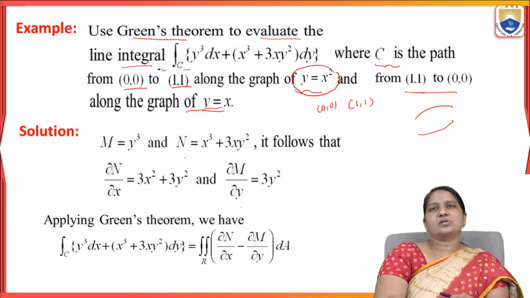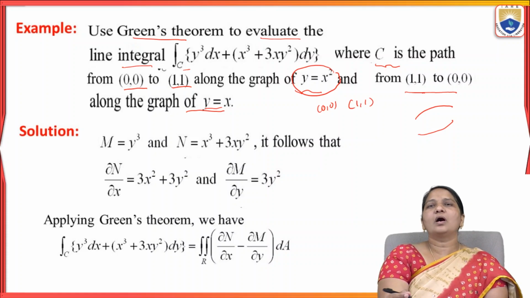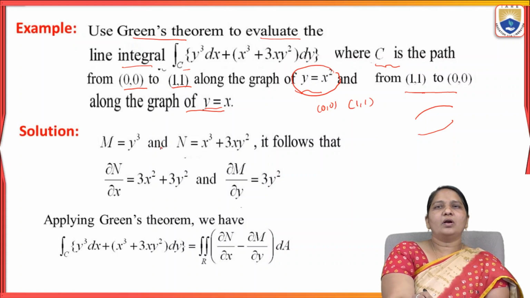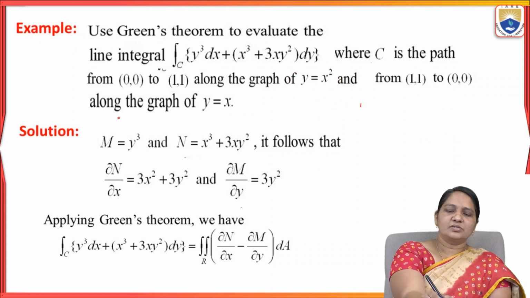First of all, what is the given data? We are going to see now. After that, we will see how we can evaluate the given integral by using Green's theorem. According to the given data, what should we do? By using the graph and the given data, let us see what they have given.